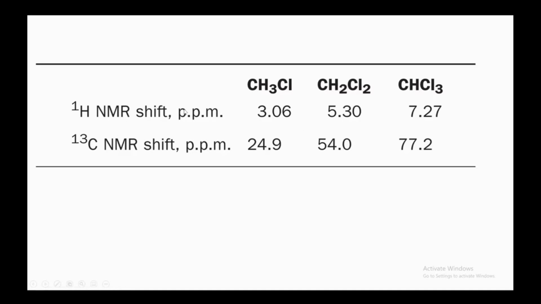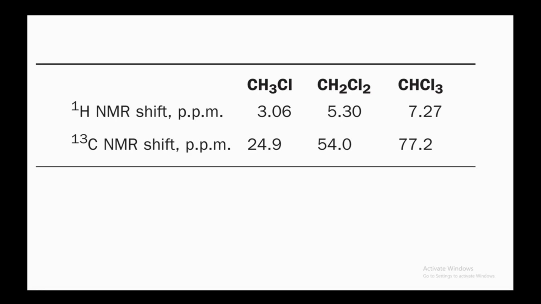In the proton NMR, with 1 chlorine the value is 3.06, if we add 2 chlorines the signal appears at 5.30, and with 3 chlorines it appears at 7.27 ppm. As you can see, the electronegativity effect is additive.